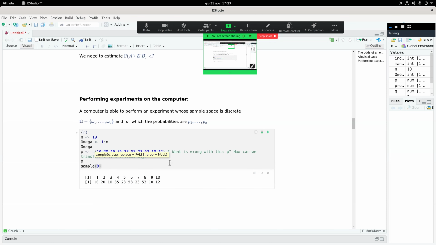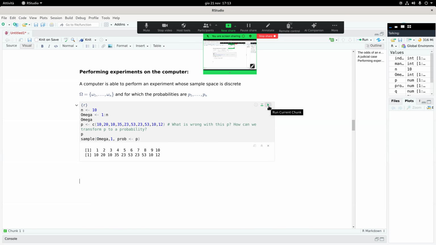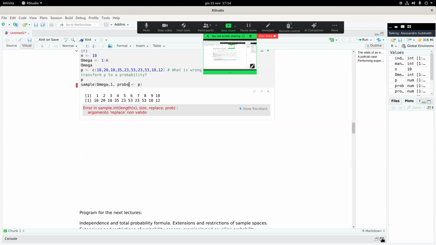I have to sample from omega with the vector of probabilities given by p, and I sample only one element. What will this command tell me? Let's see what sample does.